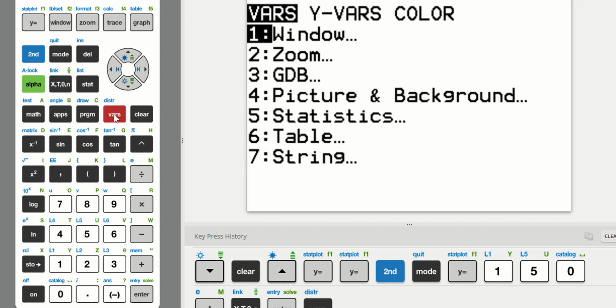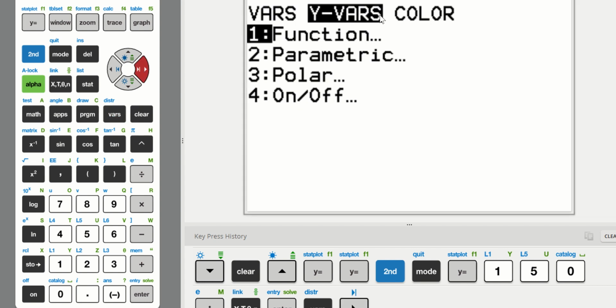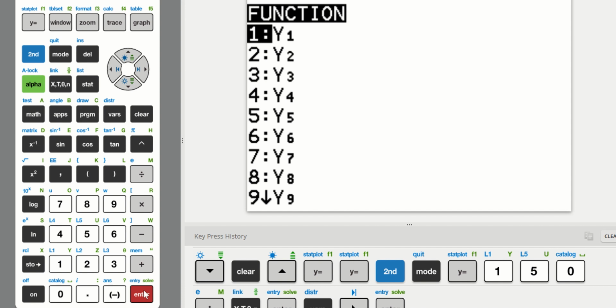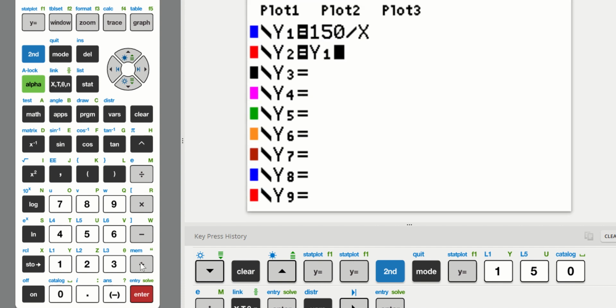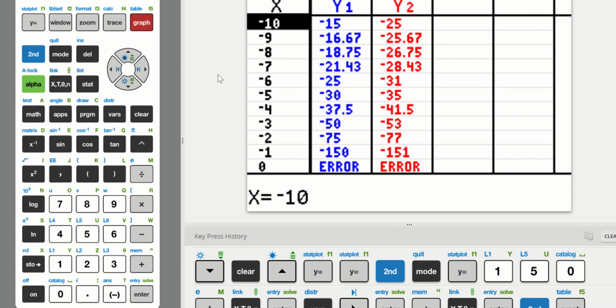That stands for variables. And then I'm going to click on the right one so that I'm in y vars. I want to be on function, so I'm going to hit enter. And I'm going to hit enter on y1. After that, I'm going to go to plus x. After that, I'm going to hit second graph to go to my table.